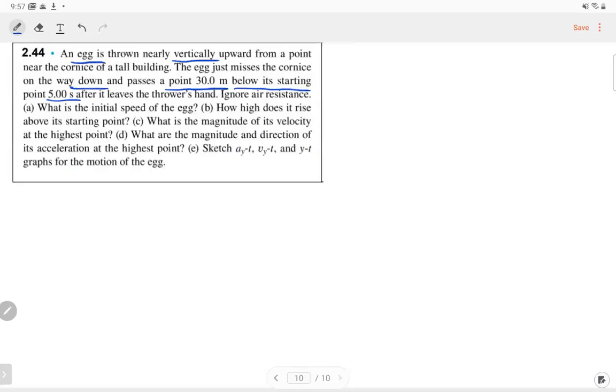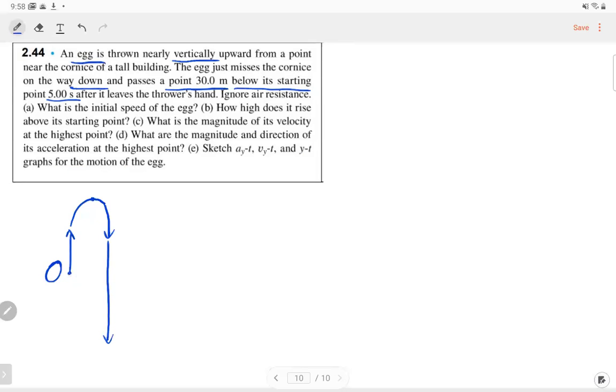Let me draw the diagram. And we have the egg. It is thrown up, then reaches the highest point, then goes down. And it takes 5 seconds to reach a position 30 meters below the starting point.